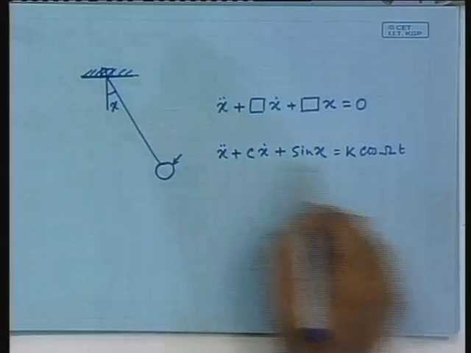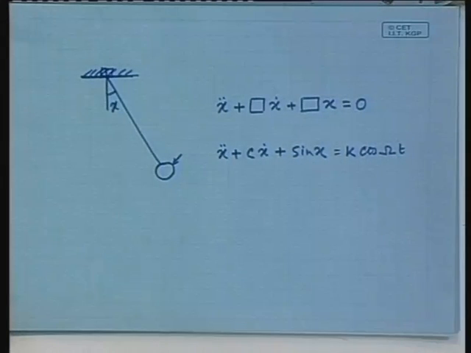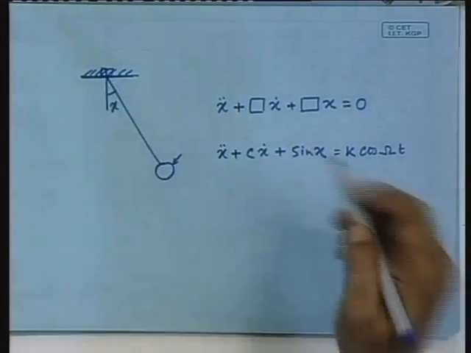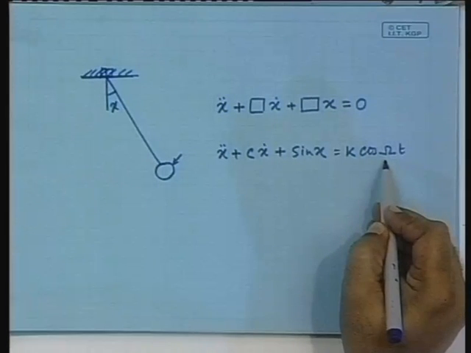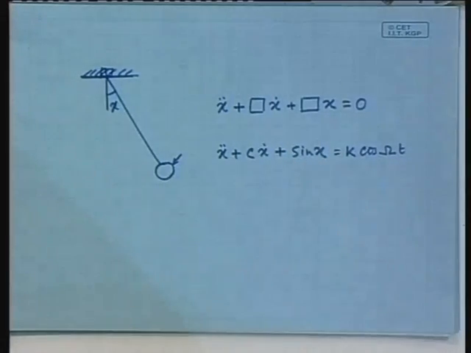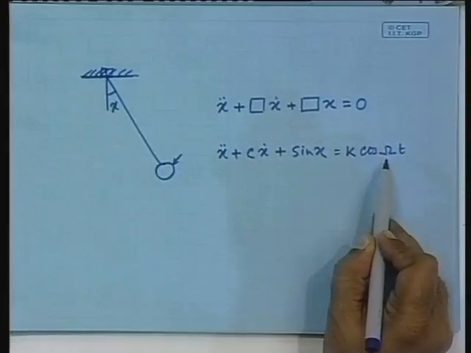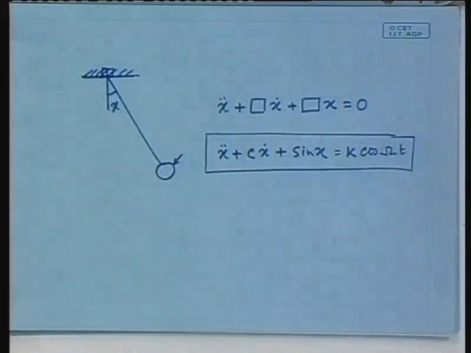We have scaled everything, as a result of which this omega, the frequency of the forcing function, has become a function of the natural frequency of oscillation of this system. The natural frequency of oscillation was root over g by L, so it is expressed in terms of that. In any case, ultimately we land up with this equation and we are trying to study its behavior. Very simple system, just a pendulum with some kind of damping and you are giving a forcing function. Let us study its behavior.